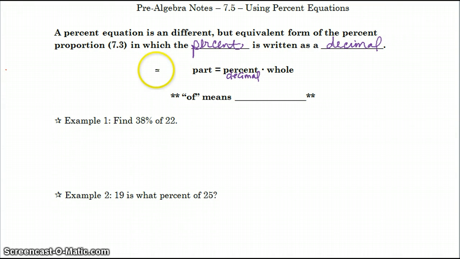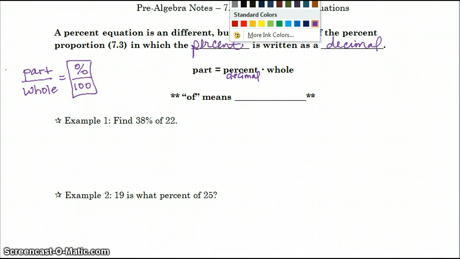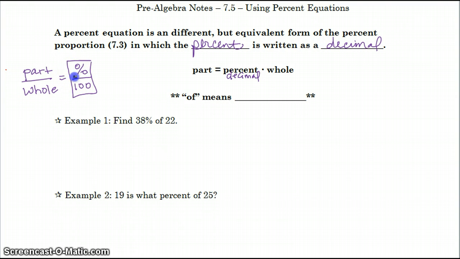Now, that sounds very confusing, but if we go back to yesterday, we said part is to whole as the percent is to 100. When you take the percent and divide by 100, you end up getting a decimal answer. So let's look at what this looks like. Change this to decimal.